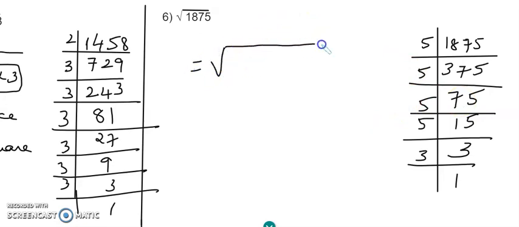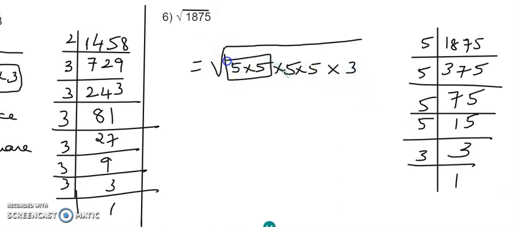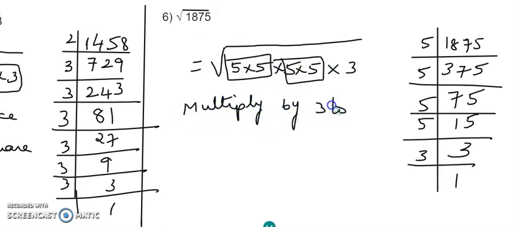So we have to multiply by 3. So let us write down. We have 5 how many times? 4 times. But 3 is only one time. Correct? So which is the number we are going to multiply here? Yes, 3. So we'll multiply by 3 to make it a perfect square.